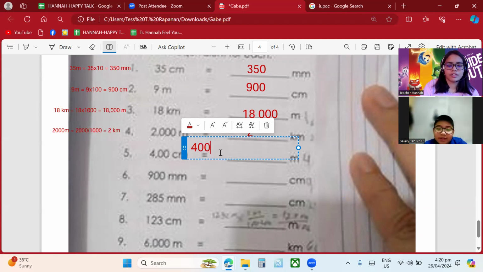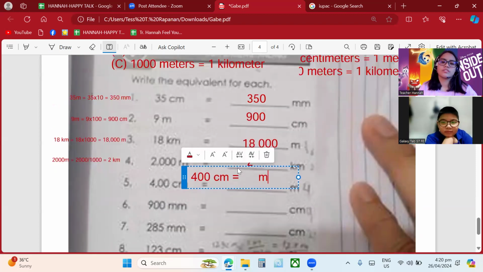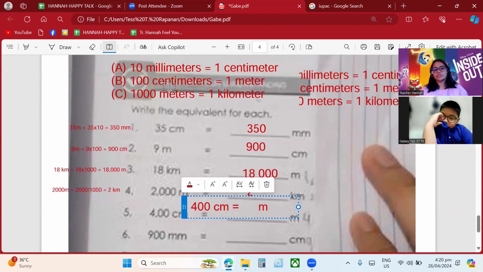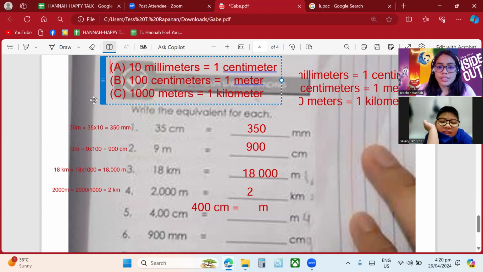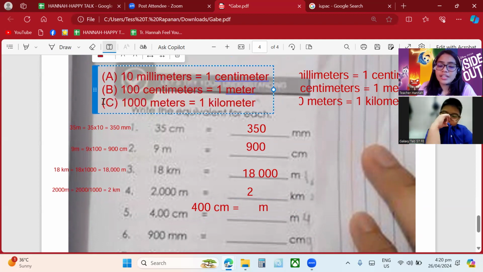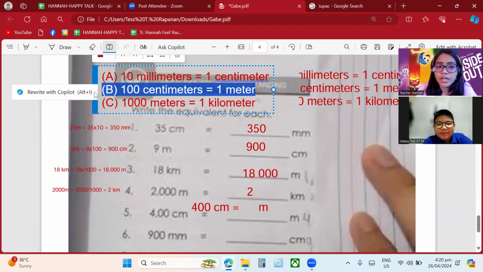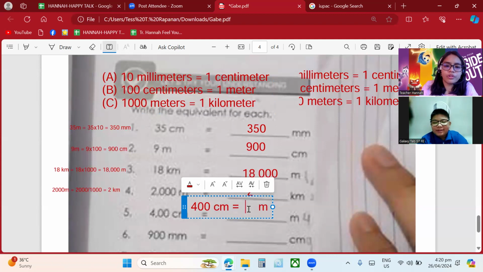I think it's 400. Okay, 400 centimeters. I need meters. So what are we going to use here? Letter A? Centimeters and meters? Letter B. Okay, look at letter B only. So we will do 400.